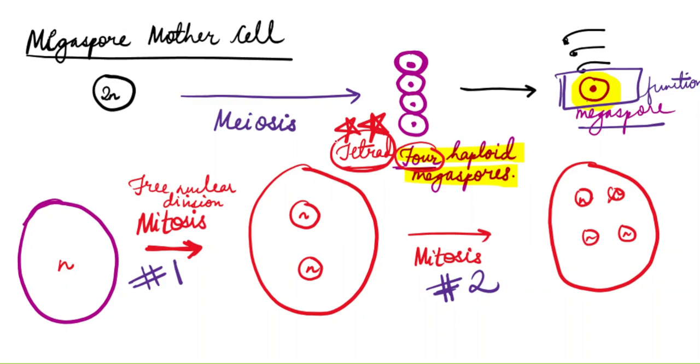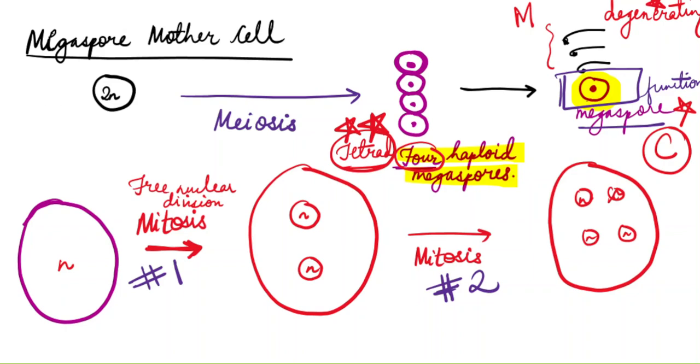This was the entire topic about the development of embryo sac. And I told that the functional megaspore is towards the chalazal end. Which end? Chalazal end, and the three are degenerating towards the micropylar end. Okay, so this is all about Megasporogenesis.